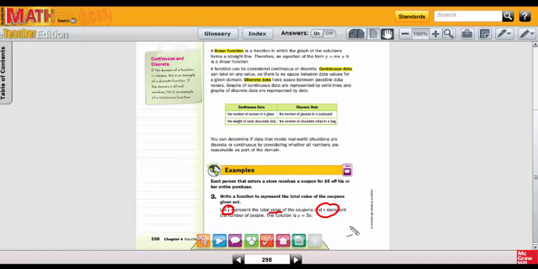So we have an input of x people. If we input, let's say, 5 people, we would have 5 times 5 people. Our output would be $25 in value of coupons. So this is our equation, y equals 5x. Remember, it's output, y equals the slope, $5 per person, times the input.